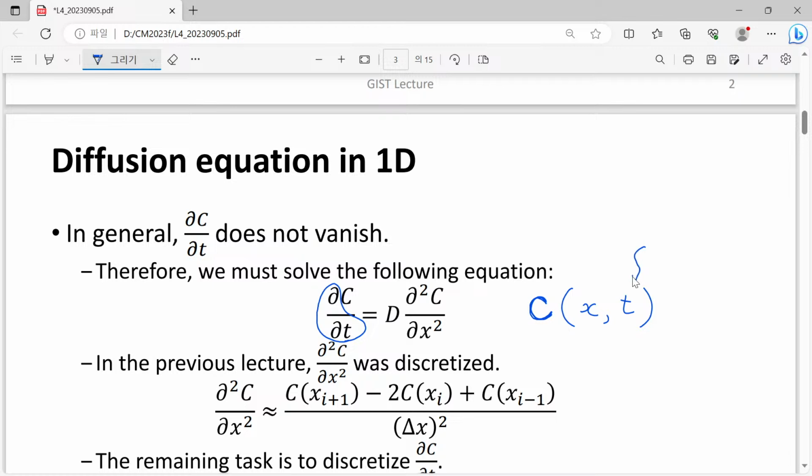Although this is a 1D quantity and also this is a 1D quantity, so at most it is just a two-dimensional problem, I wanted to tell you that there is some difference between this real space and the time domain. Usually these real-space variables interact so closely.